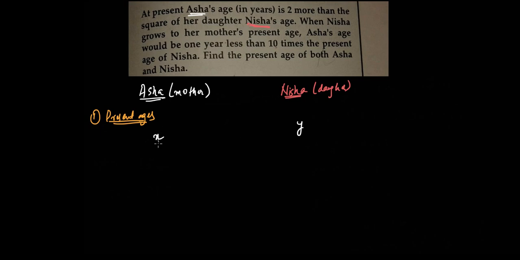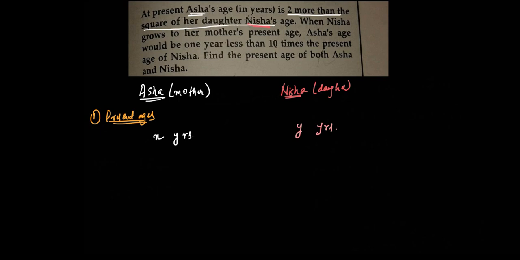Everything will be in years. So the present age of Asha is X years and the present age of Nisha is Y years. The relation given between the present ages says that the present age of Asha, that is X years, is 2 more than the square of her daughter Nisha's age.